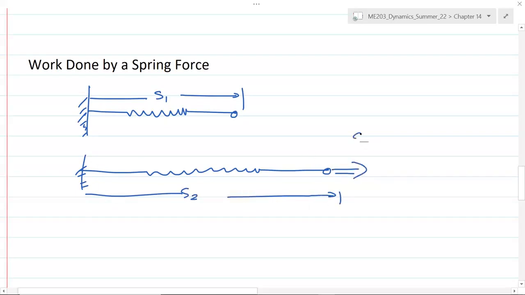And this is like an external force. But then the spring itself applies a force that opposes the externally applied force, and we call this spring force, or Fs. And let's say the spring has the spring constant K. So how can we calculate the work done by the spring in this case?